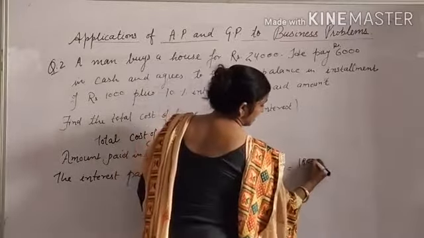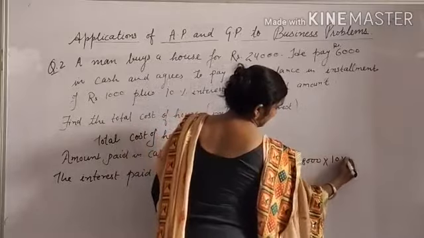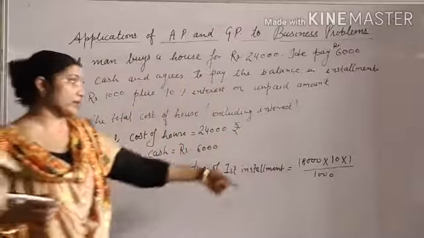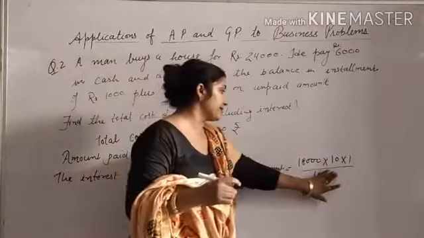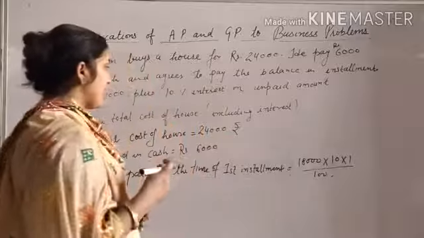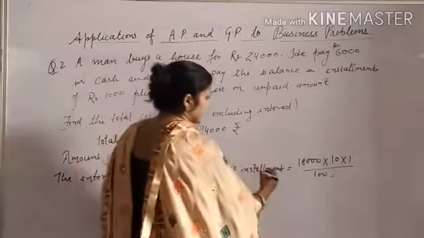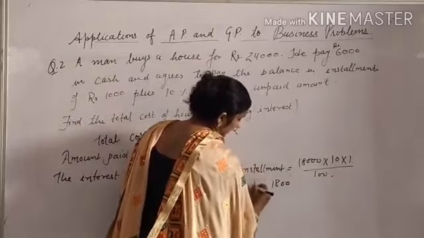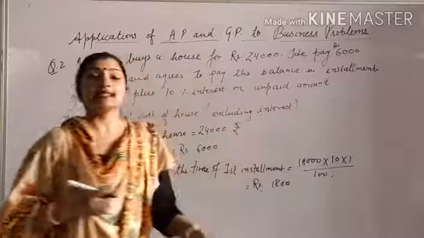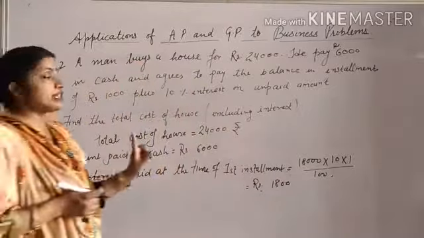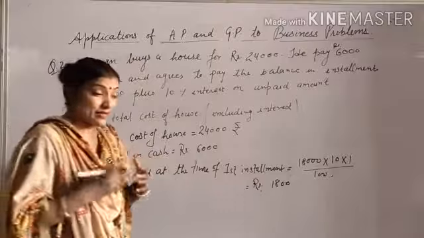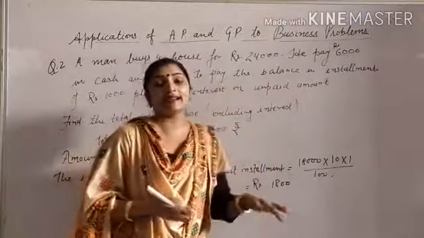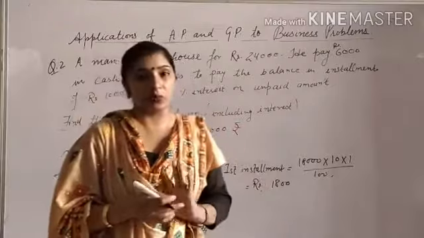The amount is 18,000, rate is 10, time is 1 year, divided by 100. This is the formula for interest: amount into rate into time divided by 100. So the interest is rupees 1,800. This is the interest that he has to pay with the first installment of rupees 1,000. It means at the end of 1 year he has to pay 1,000 plus 1,800, that means 2,800 rupees.